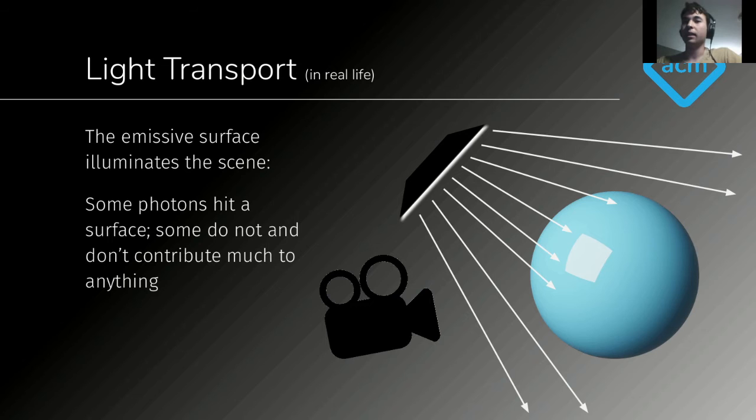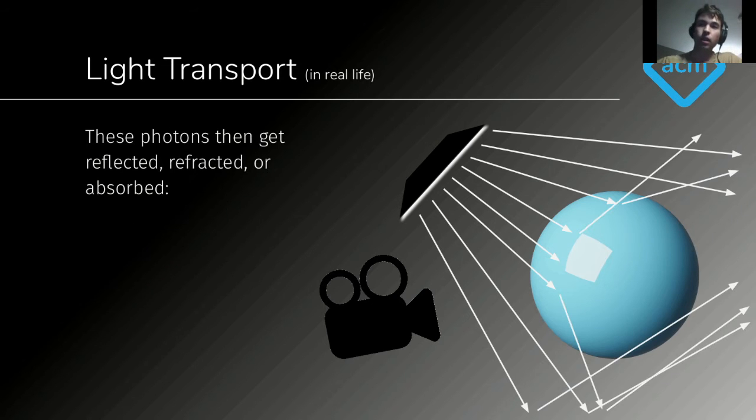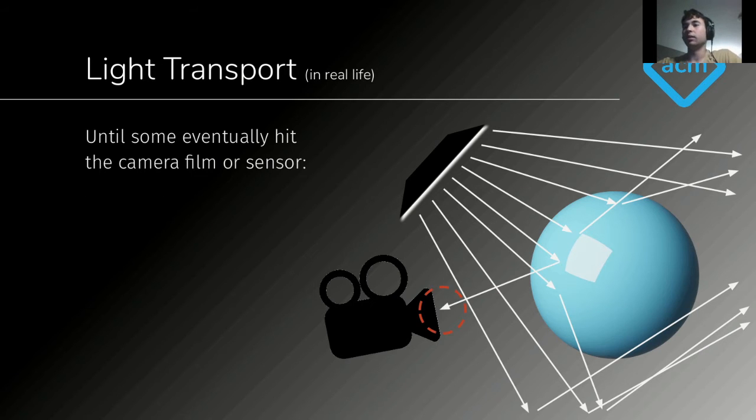Some photons don't really hit anything or hit something really far away from the camera and don't contribute much to the image. Then some of these rays are either bounced or absorbed or refracted or anything. And we get some secondary bounces, and this goes on and on and on until eventually one light ray, or maybe several, hit the camera sensor.